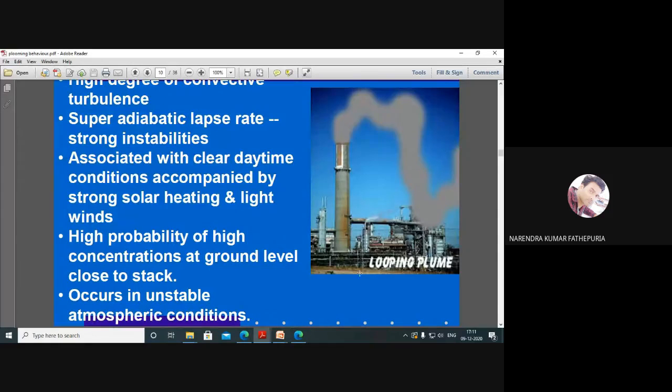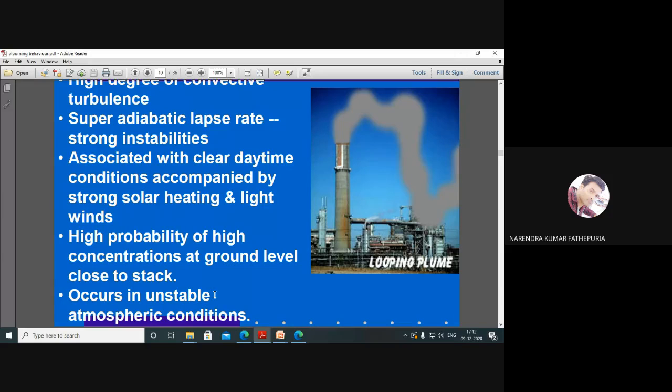This is called the looping plume. You have to relate this with the adiabatic lapse rate as well as the ELR for the stable, neutral, as well as the inverse conditions. So looping plume behavior will be close to the unstable conditions that I told about.